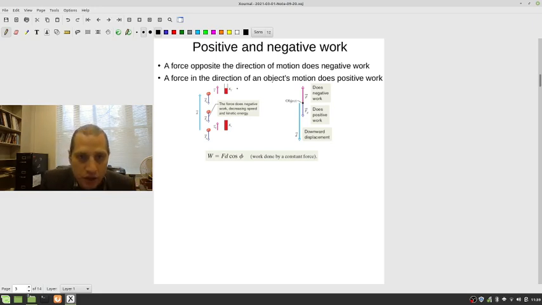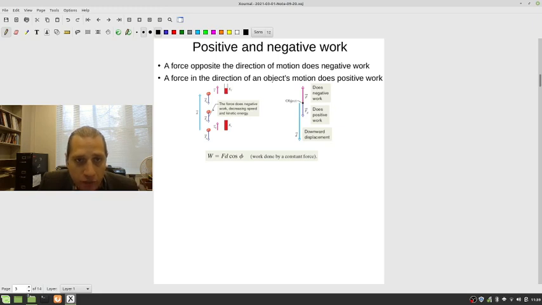So here's a picture where an object is thrown upward, but the force of gravity is pulling down on it. That force is acting over some distance as the rock goes upward, and the kinetic energy at the beginning, it's going fast, at the end it's going slower.